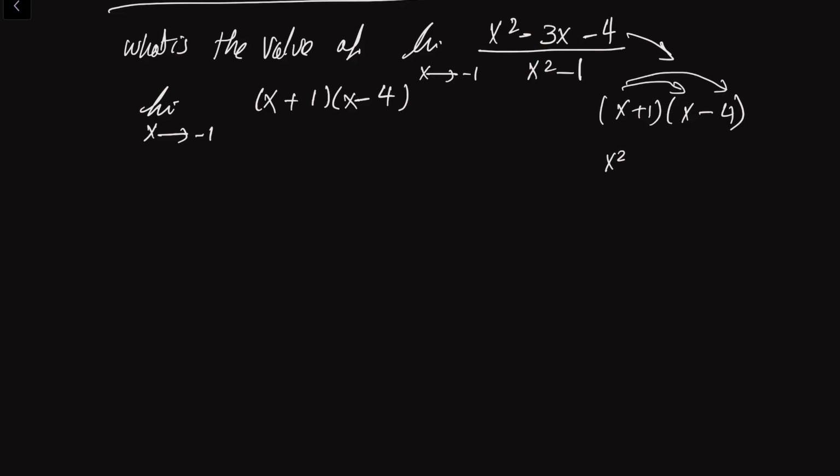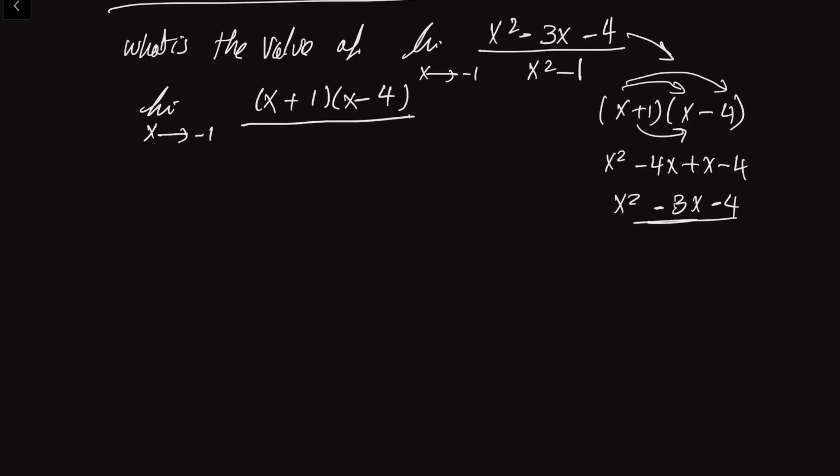So it will be x squared minus 4x plus x minus 4, that's x squared minus 3x minus 4. Okay, so the factor is right.